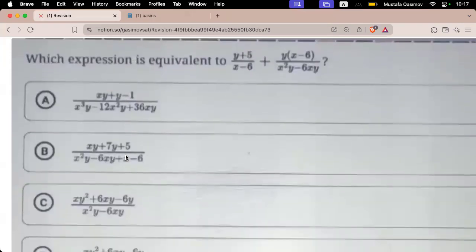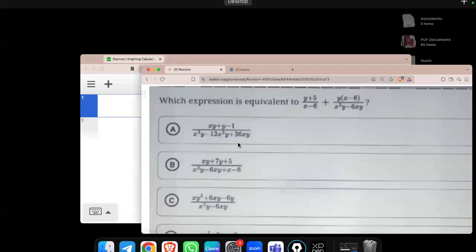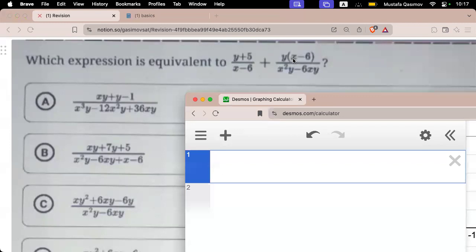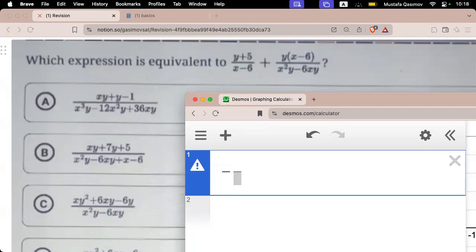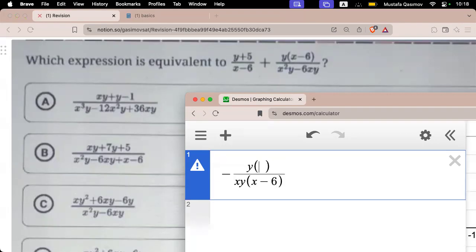Okay, this one. This one is a little bit harder. You can say it is a little bit complicated expression. But when you look at the second part, you can see it is actually... Right. We can take x, y out of the bracket, it will be x minus 6 and another x minus 6.